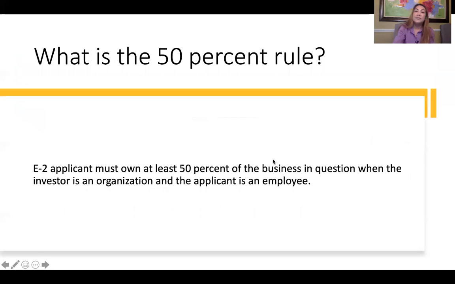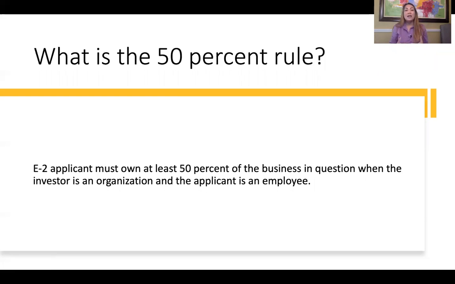There's also what you call the 50% rule. What if the E-2 investor is not the 100% owner of the business? Is that possible? Yes, provided that the E-2 applicant must own at least 50% of the business when the investor is an organization and the applicant is an employee.